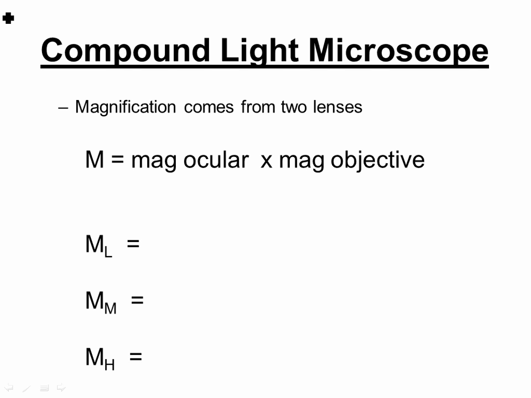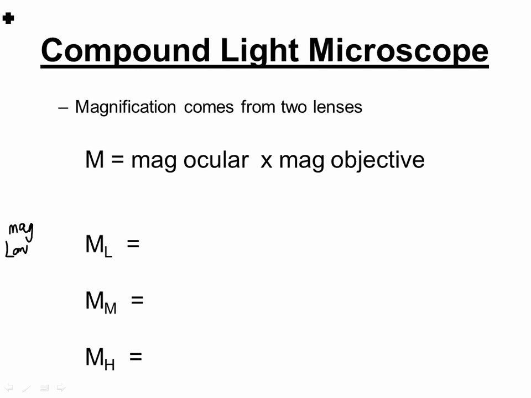So when you magnify something with a microscope, and it's called a compound microscope because it's made of two lenses, you take the magnification of the ocular lens and you multiply it by the magnification of the objective lens. So, under low power, by the way, that M(l) stands for magnification low. Well, I told you the magnification of the ocular lens at the top.